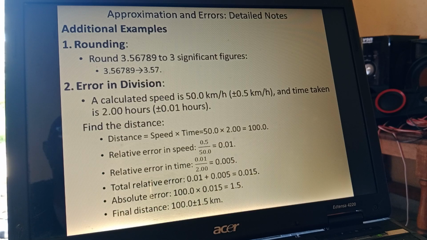Total relative error is 0.01 plus 0.005, which is equal to 0.015. Absolute error, 100 times 0.015 equals 1.5. Therefore, the final distance is 100.0 plus or minus 1.5.